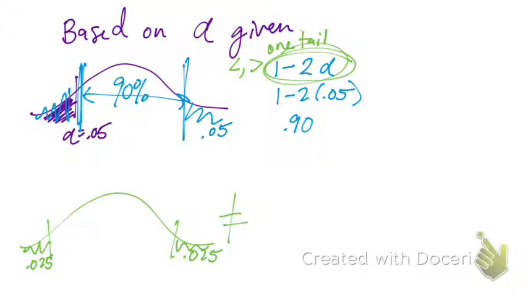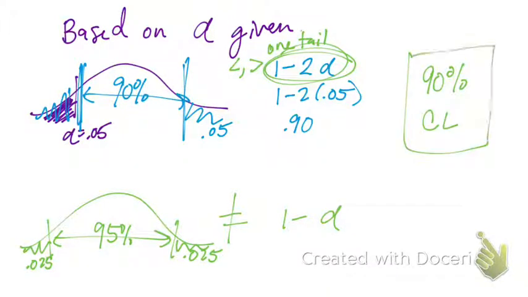If alpha were 0.05, you would have 95% in the middle, so it's just 1 minus alpha. You might want to write that in the notes, out to the side somewhere. If it's a less than or greater than test, you do 1 minus 2 alpha. If it's a not equal to test, you do 1 minus alpha. So we've decided that a 90% confidence level is appropriate.